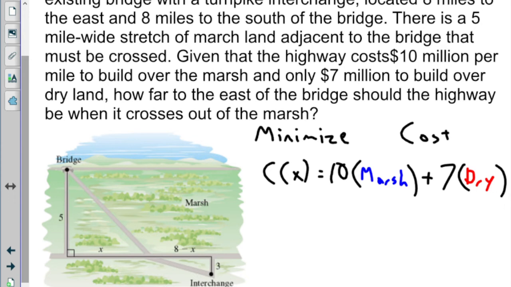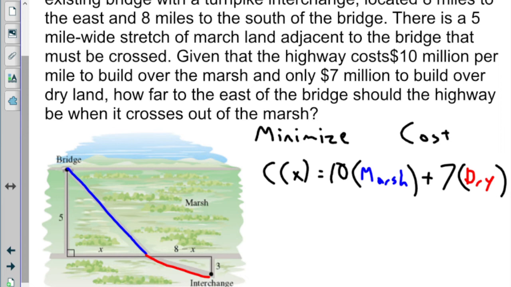What we're going to end up with here is we have x, which is how far away from the bridge I am stopping. That distance from the west end, how far from that west end am I stopping? As in the example in the drawing, here's the marsh distance, and here is the dry distance.